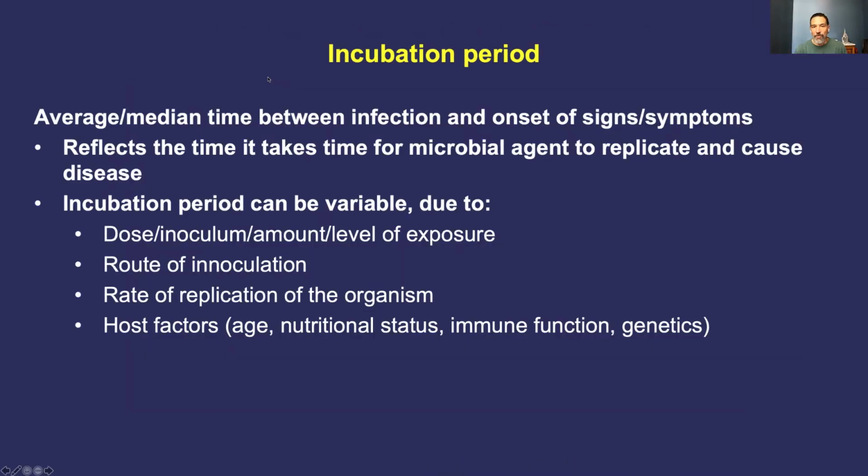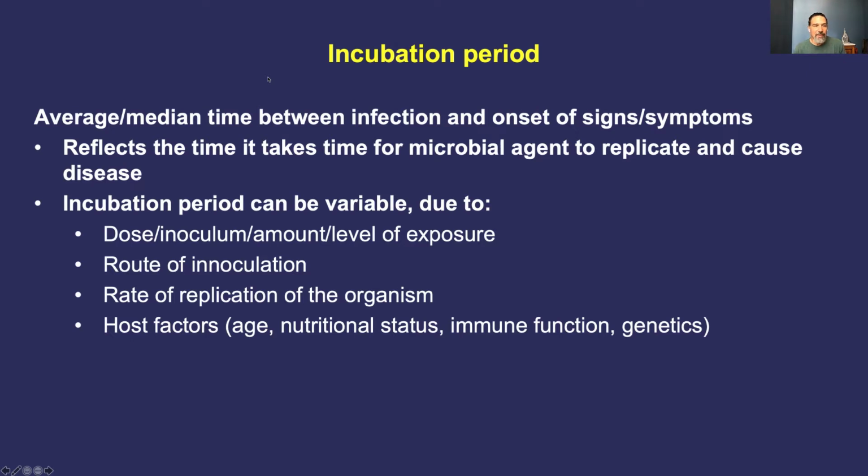The serial interval is directly related to the incubation period for an infectious agent. The incubation period is the average or median time between infection and onset of signs or symptoms, and the incubation period reflects the time it takes for microbial agents to replicate and cause disease in the body.